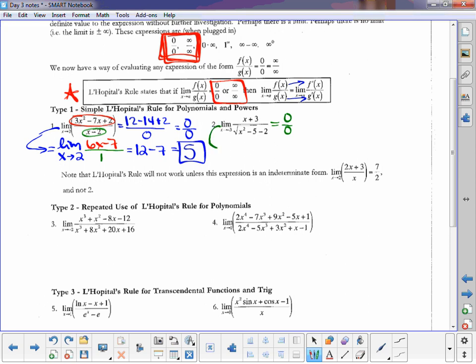So again, this guy, we still have our limit notation. Derivative of the top is what? 1. Alright, go ahead and do the derivative of the bottom form.